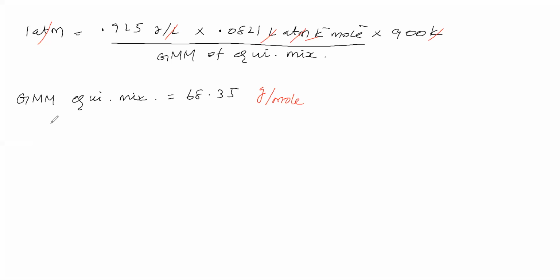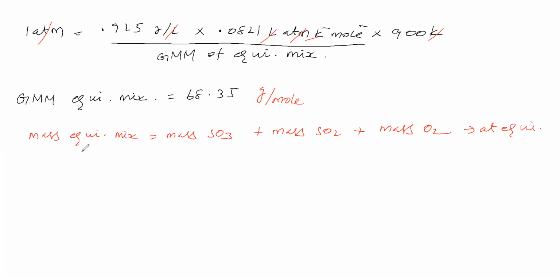So at equilibrium, mass of equilibrium mixture is equal to mass of SO3 plus mass of SO2 plus mass of O2.